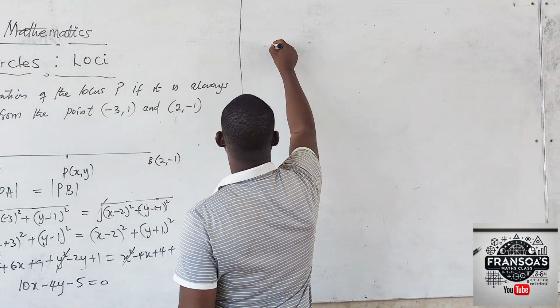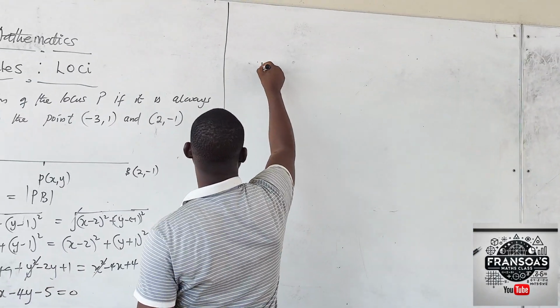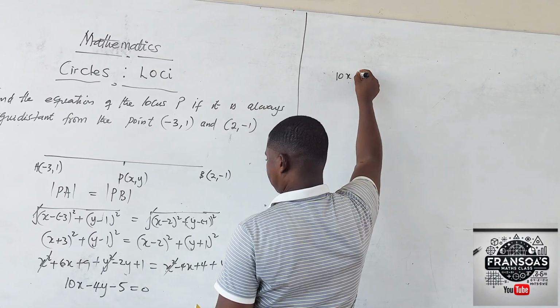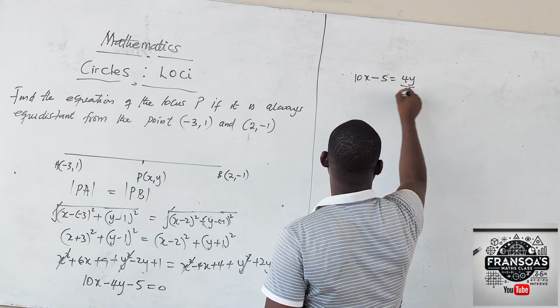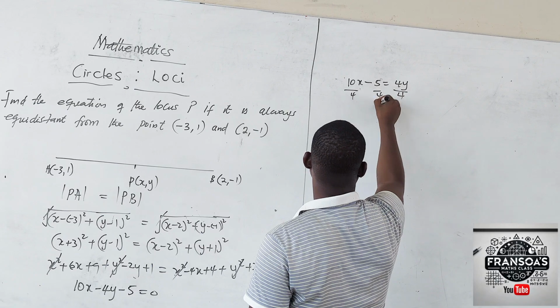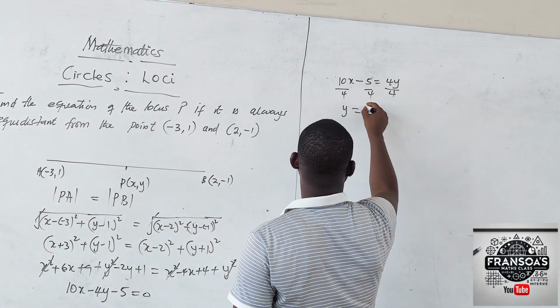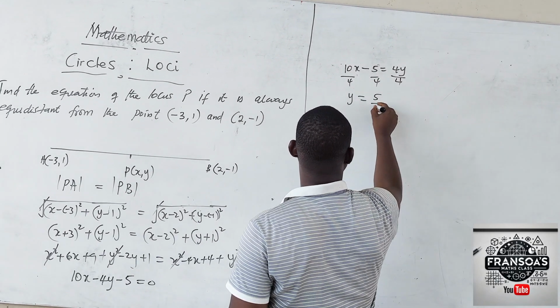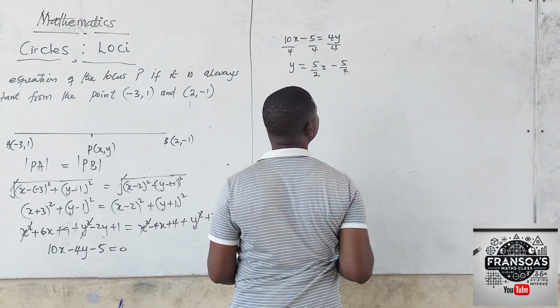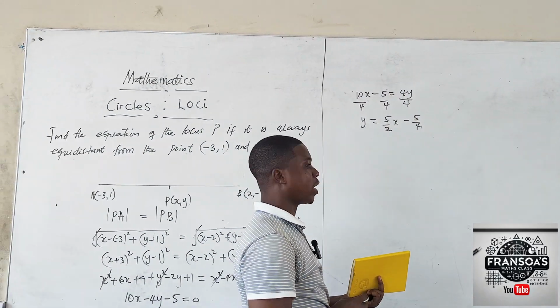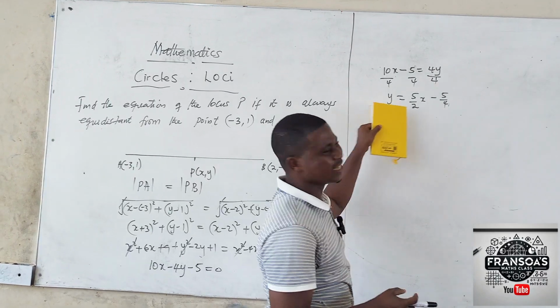So we send this across: 10x minus 5 is equal to 4y. We divide here by 4, here by 4, here by 4. So y will give us 5 over 2 x minus 5 over 4. And this tells you that this is the equation of a line.